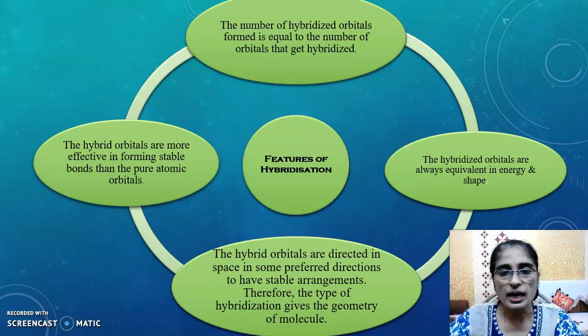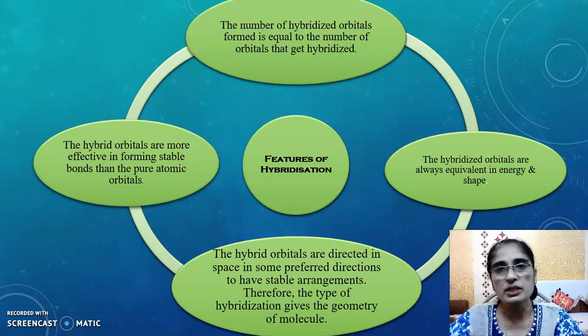Once the hybrid orbitals form, how they arrange around the central atom depends on minimum repulsion. The hybrid orbitals are directed in space in some preferred direction to get a stable arrangement.